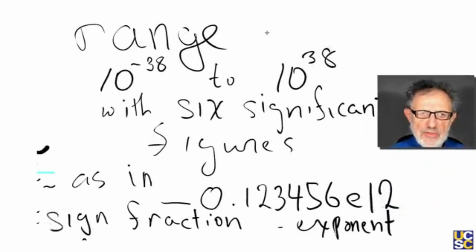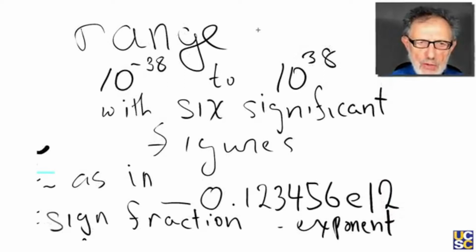So the shortest is float, and its range is typically from 10 to the minus 38, a pretty small number, to 10 to the positive 38, pretty large number. For example, scientists think that the universe is something like 10 to the 88th atoms.